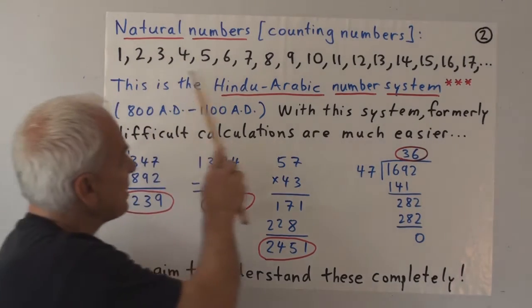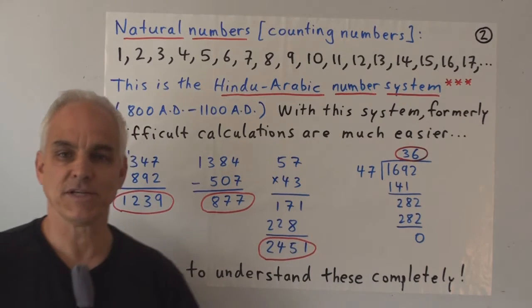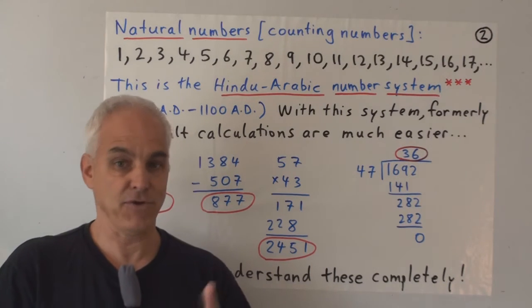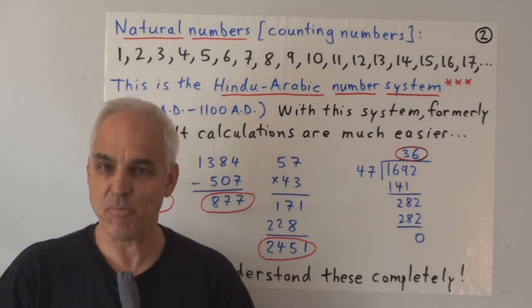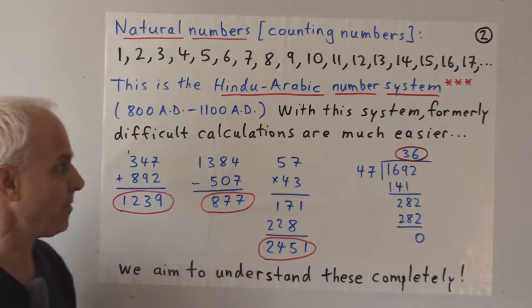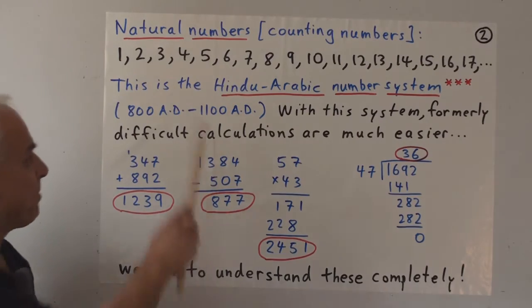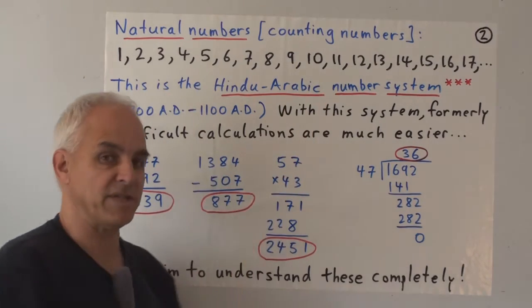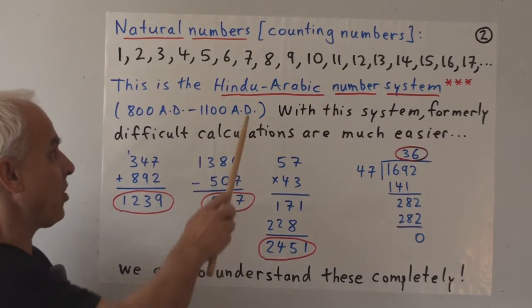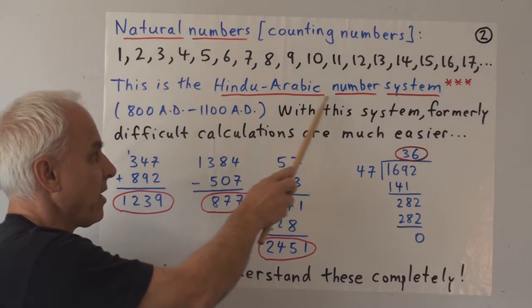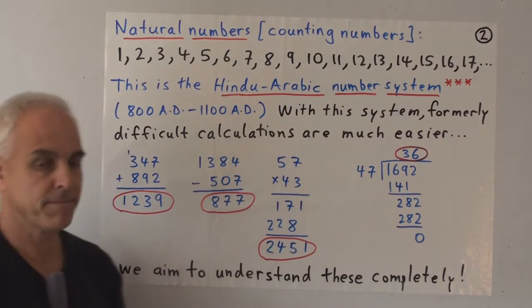Now, this presentation of the natural numbers, of course, is very familiar to you, even if you hate mathematics and did very poorly at it in school. You will all be familiar with this. This is a particular way of representing natural numbers that's actually called the Hindu-Arabic number system.